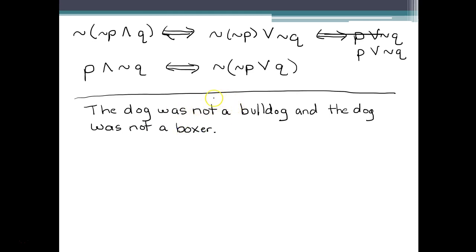Okay, the dog was not a bulldog. That's a lot like having a not P. Like maybe the dog was a bulldog is P. And the dog was not a boxer is a lot like having a not Q. Like the dog was a boxer could be Q.